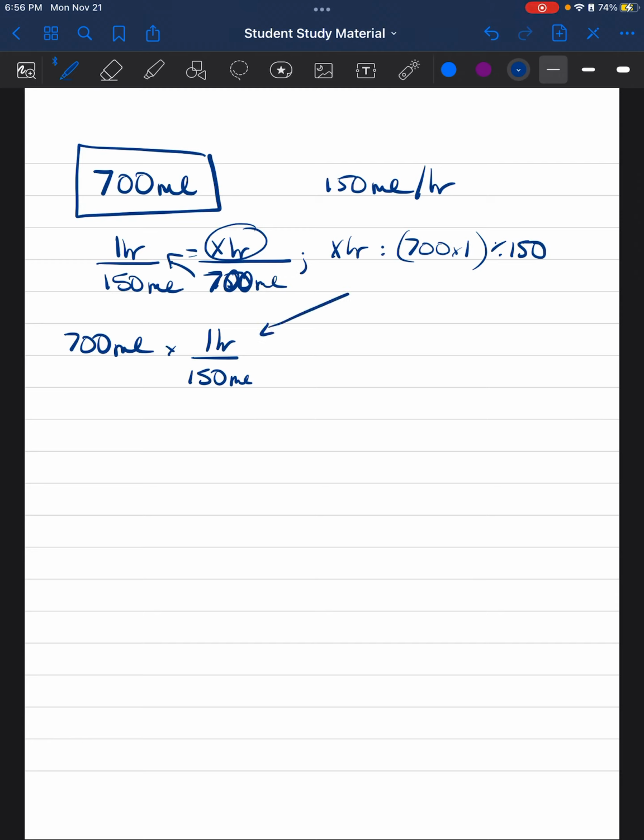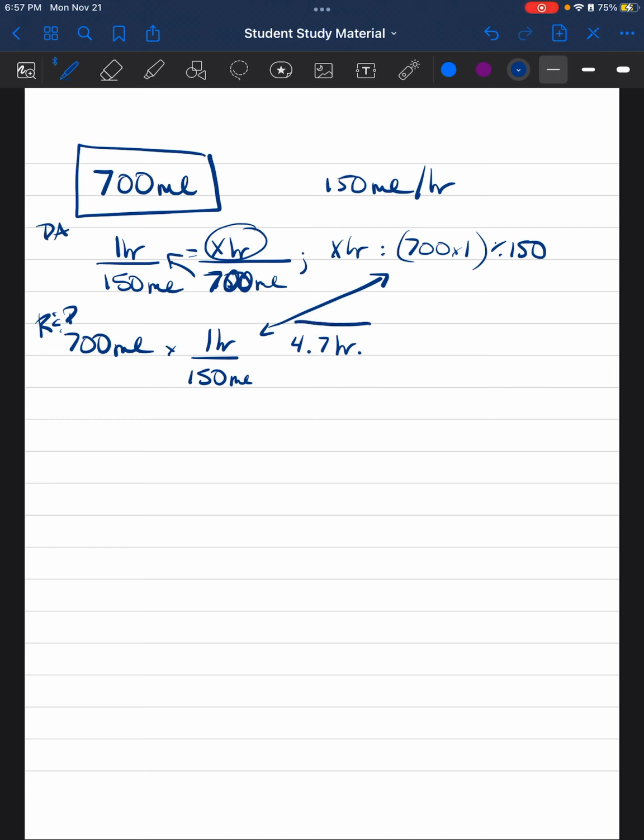Now you see how these are actually the exact same thing: 700 times 1 hour divided by 150. So you can use dimensional analysis or ratio and proportion to solve this part right here. So 700 divided by 150 gives us a whole bunch of decimals, which we're just going to round to 1 decimal point. So 4.666 ends up being 4.7 hours.